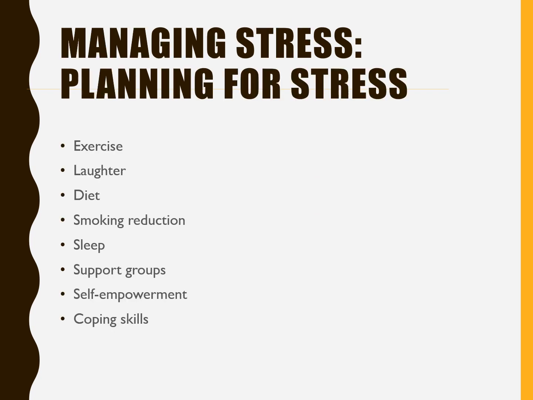How can you manage your stress? To reduce your stress, you can exercise, watch your diet, talk with your friends, reduce smoking, sleep well, and practice self-empowerment and coping skills.